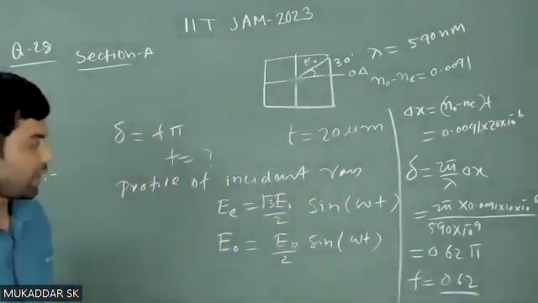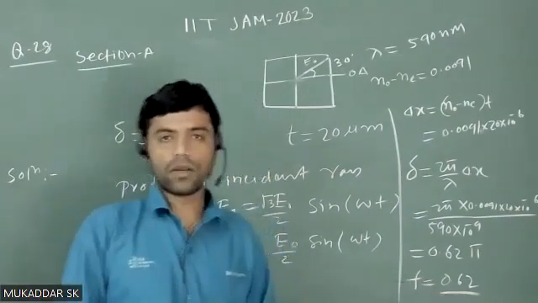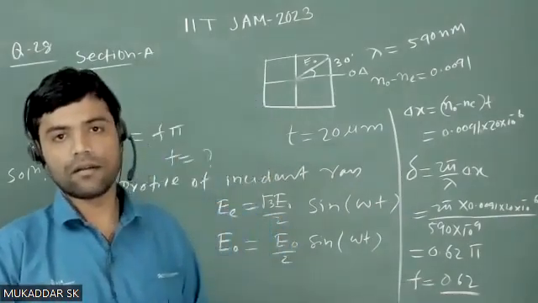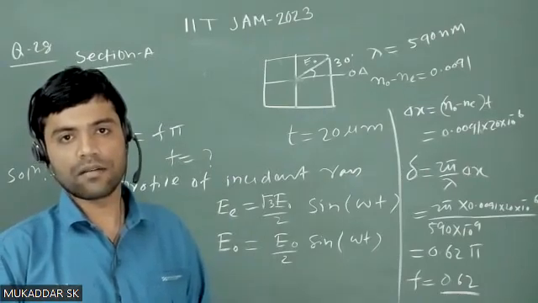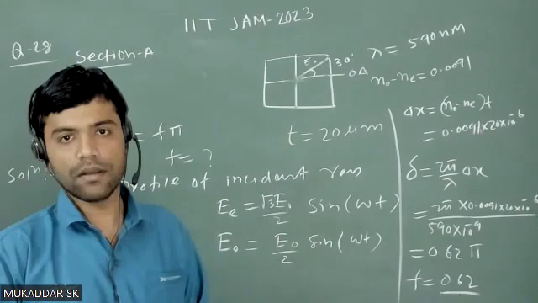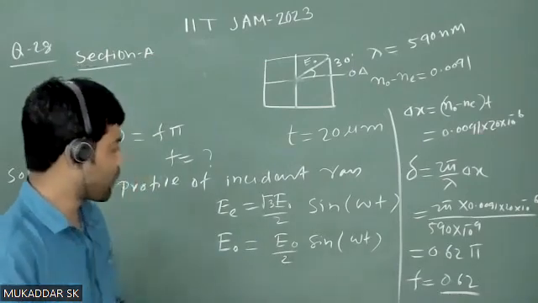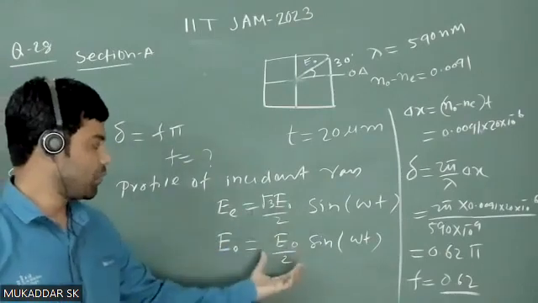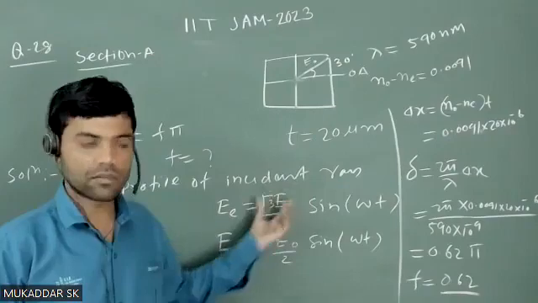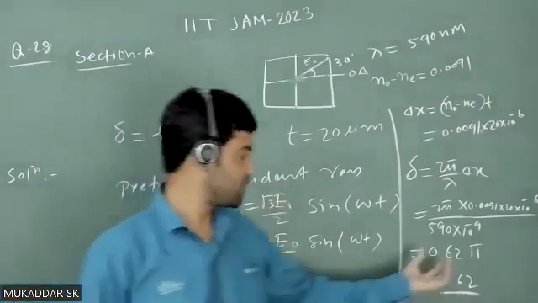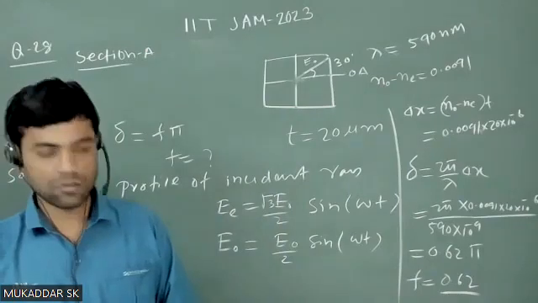I can see the phase difference between the O ray and E ray is not an integer multiple of pi. So obviously the state of polarization of the emerging ray will not be linearly polarized. Also it will not be circularly polarized, because the amplitude is not the same, and the phase difference is not pi by 2, 3 pi by 2, 5 pi by 2, and so on.